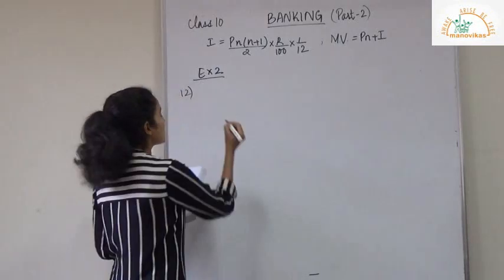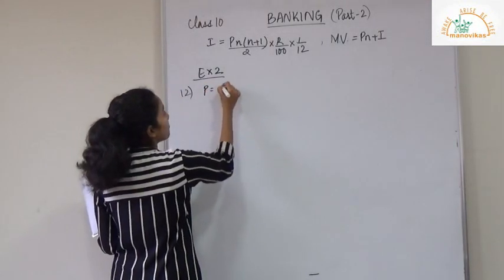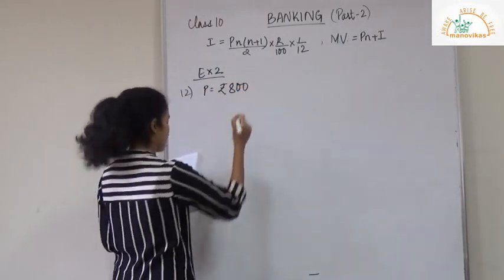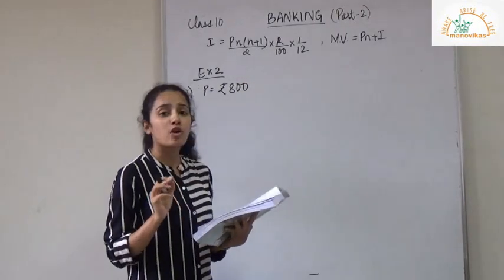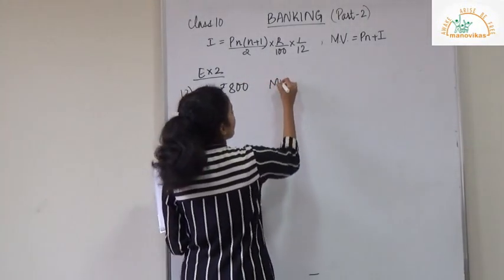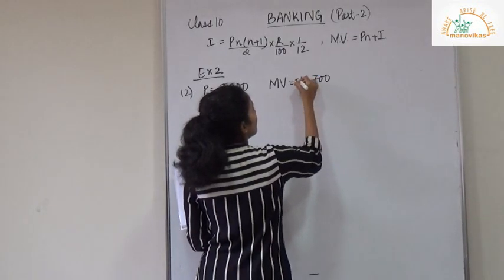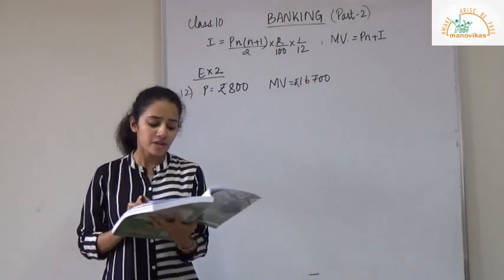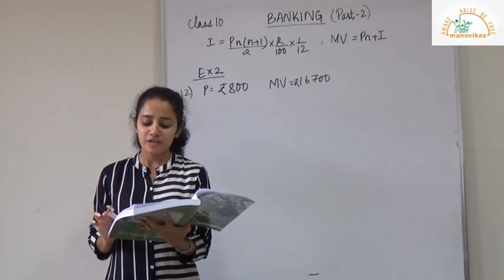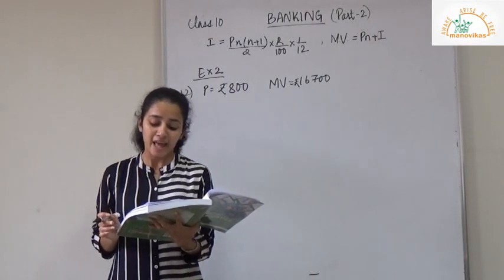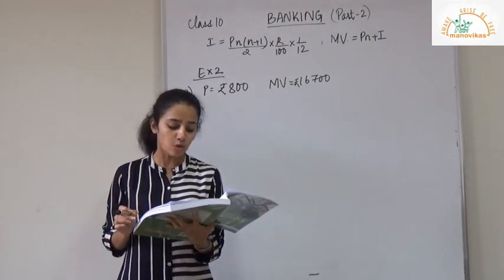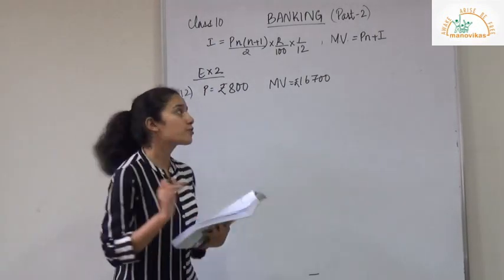So here you are given the principal, which is rupees 800, and you are given the maturity value, that is 16,700. You are also given here that the rate of interest is 5% per annum, and here you have to calculate the total time for which the account was held.